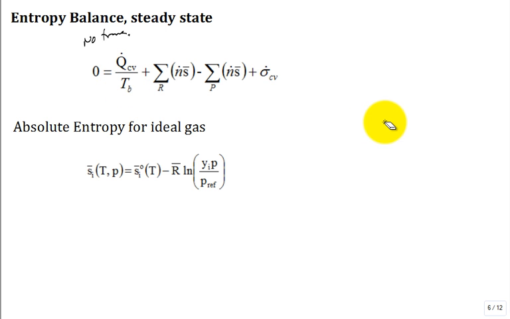How do I calculate things like this? Entropy of each of those constituents. Oh, just like I had to calculate enthalpy for each of those constituents. Well, each of them are behaving as ideal gases.